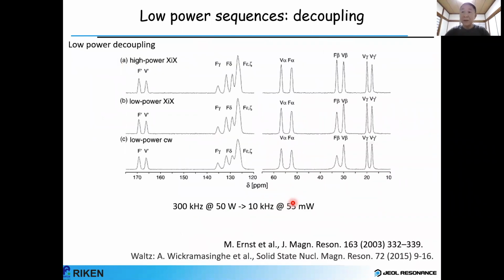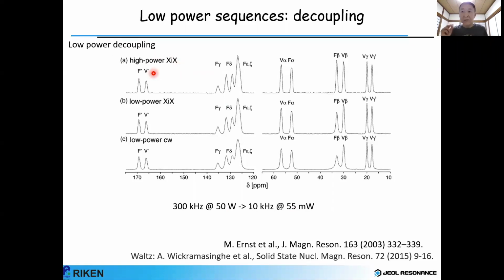Another benefit of fast MAS experiments is that there are a lot of low-power sequences, and we can reduce sample heating by RF irradiation. In many organic samples, we have to apply intense proton decoupling to remove the dipolar interaction from protons. This is a carbon-13 NMR spectrum. Typically we need high-power decoupling for proton decoupling.